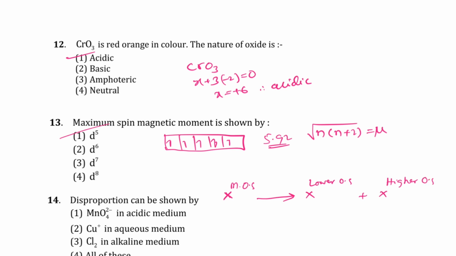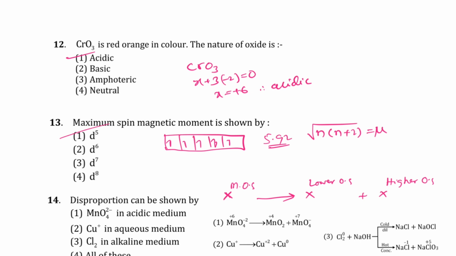Such an element will show the disproportionation reaction. So what is required for us to show a disproportionation reaction? A moderate oxidation state is required. If a very low one is taken, it can only go higher, and lower is not possible. Similarly, if it is the highest, only lower is possible, higher is not. That's why a moderate oxidation state is compulsory. So those reactions are mentioned here.